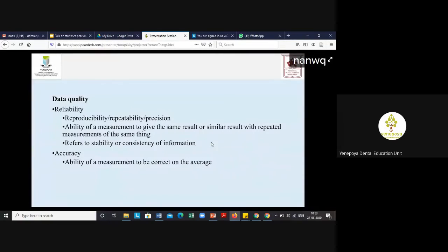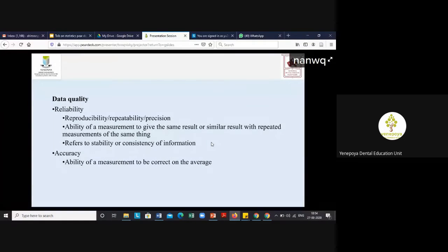Simplest way of understanding reliability is if I devise a questionnaire on how well the online teaching is, and I've administered it to one person, and at the first point he'll answer that it was very good, and I administer it to him the second time after 24 hours, and he tells me maybe it was good, maybe it was good. Either my question, the way I have asked, is wrong, or the person who's responded is biased, or altogether the entire questionnaire is wrong.